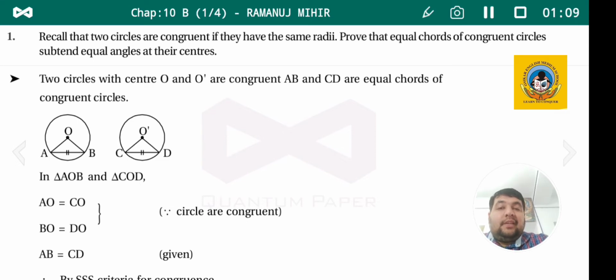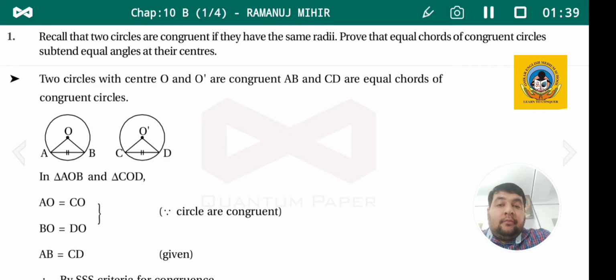Congruent means they are equal in size or they have equal radius. If the radii of both circles are equal, they become congruent automatically. So indirectly it is given that the radius is equal. It means that the two circles are congruent.